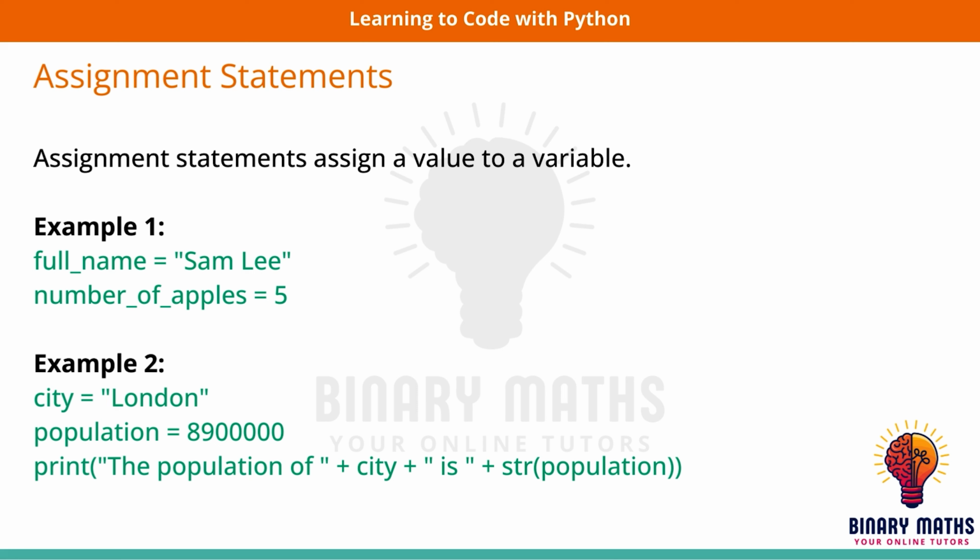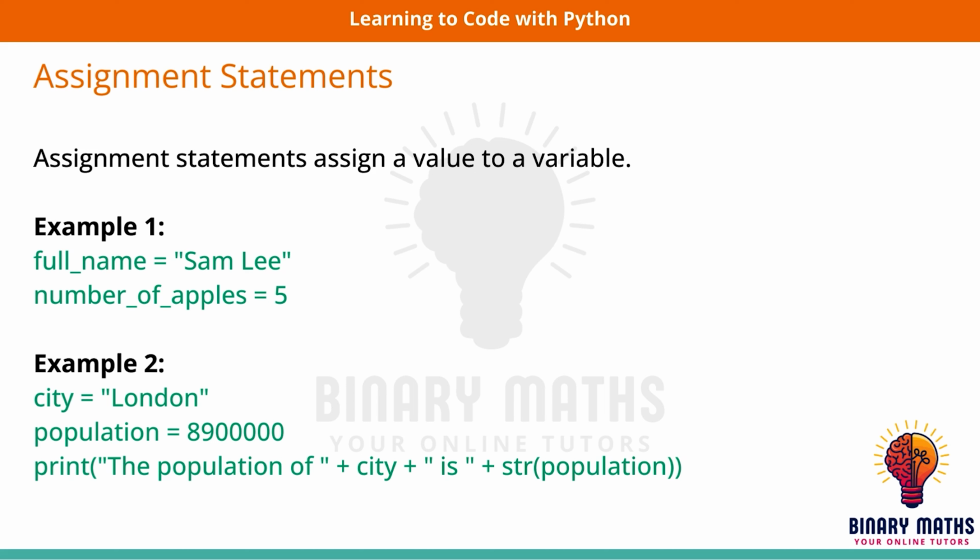Let's see another example. If we currently don't have a variable called city, we can just create one by typing city equals London. So it will store the value London in a variable called city.